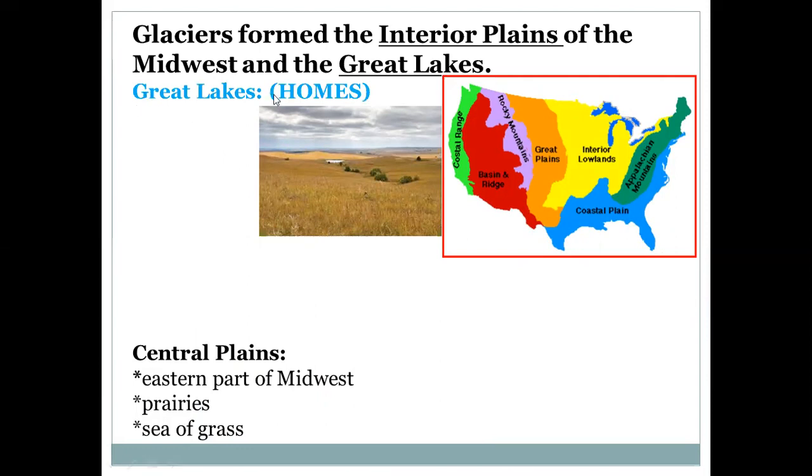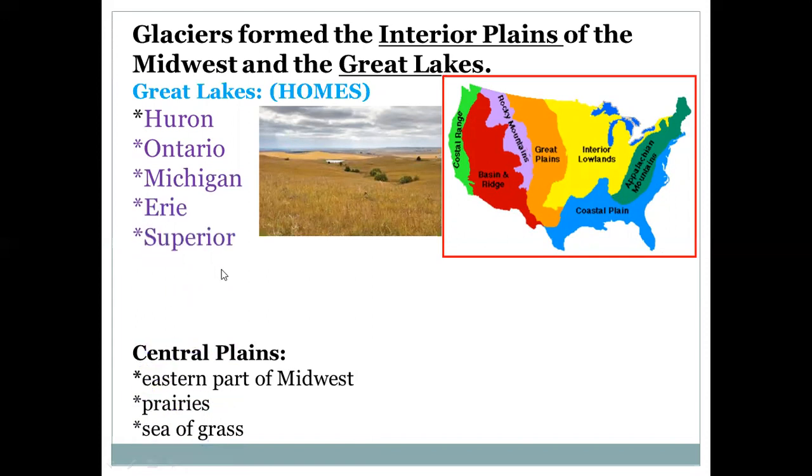She made an acronym for us to remember the Great Lakes: H, O, M, E, and S. First we have Huron for H. We have Ontario, Michigan, Erie, and Superior. So look at this, H, O, M, E, S. This is the idea of this journal, by the way, guys. Brilliant, isn't it?